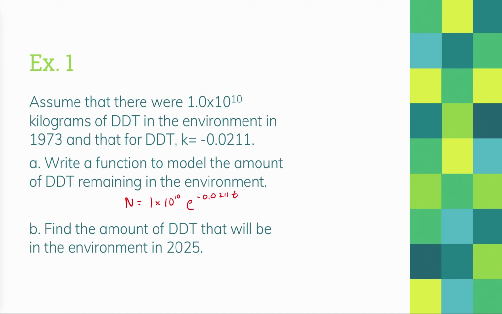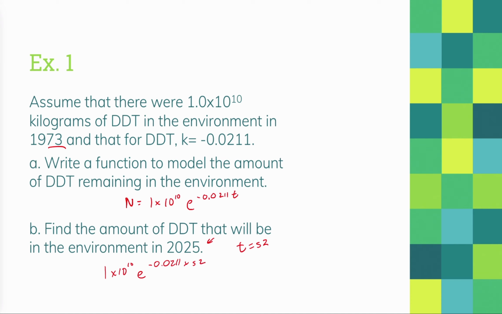If we are going to find the amount remaining in the environment in 2025, we need t to be the years since 1973, which is going to be 52 years. So if t equals 52, we do 1 times 10 to the 10th times e to the -0.0211 times 52.